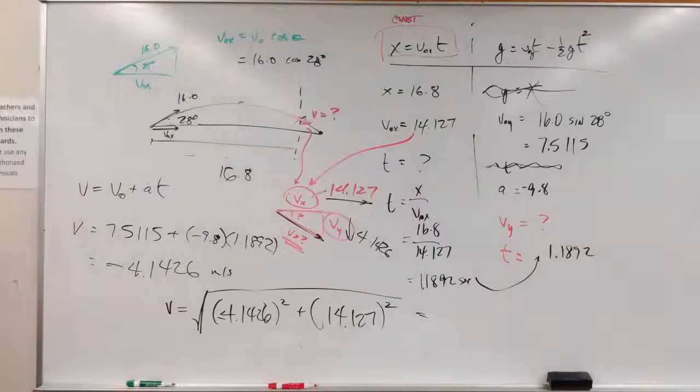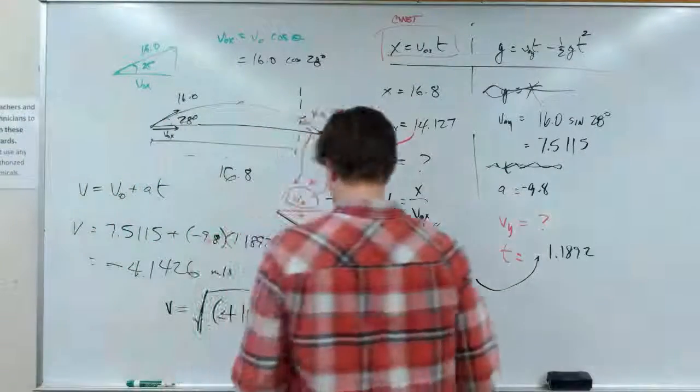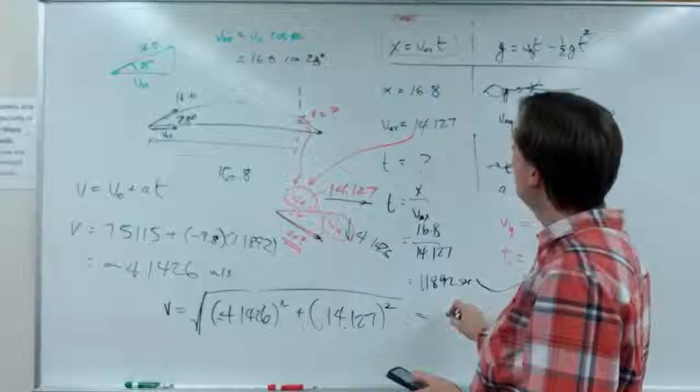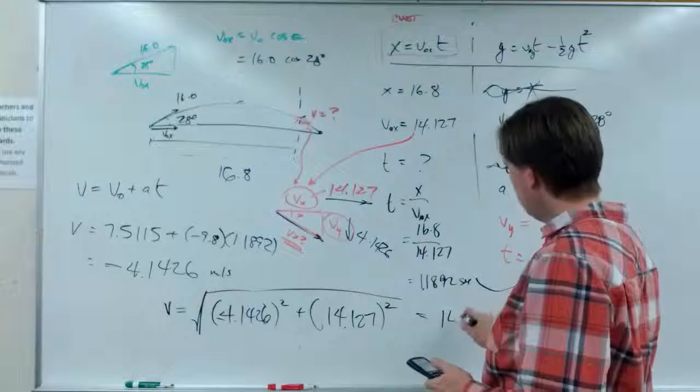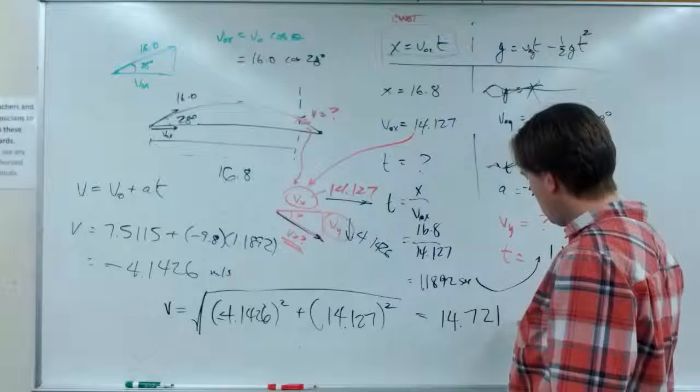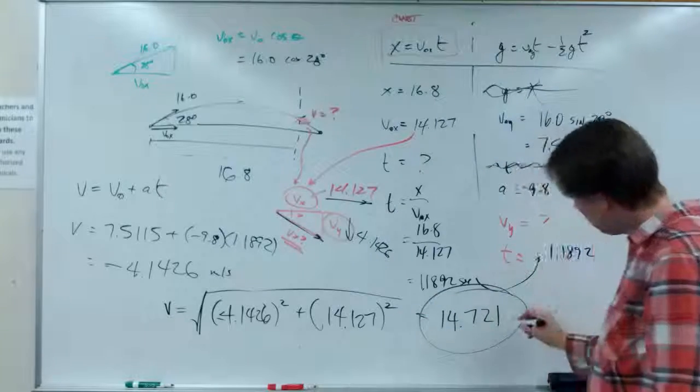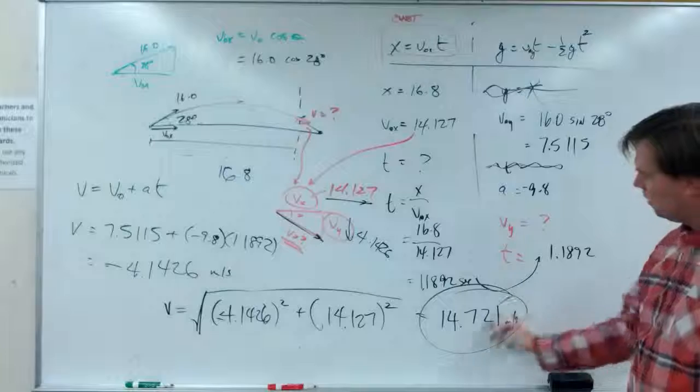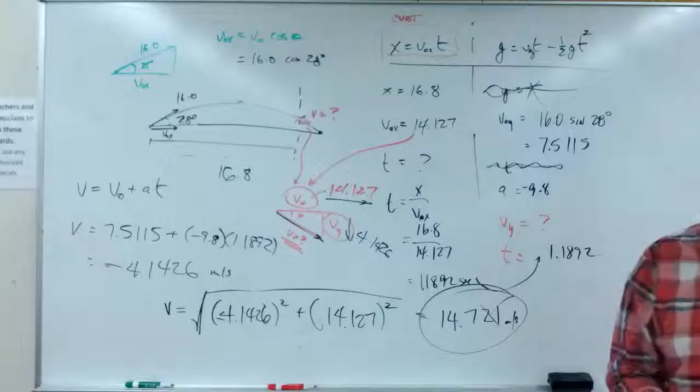That is one I would classify as not easy. So when I do this, I get an answer of 14.721 meters per second. You round down to three significant digits, 14.7.